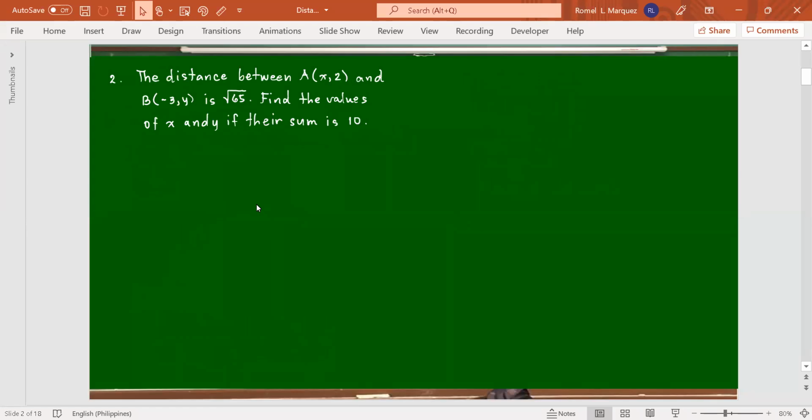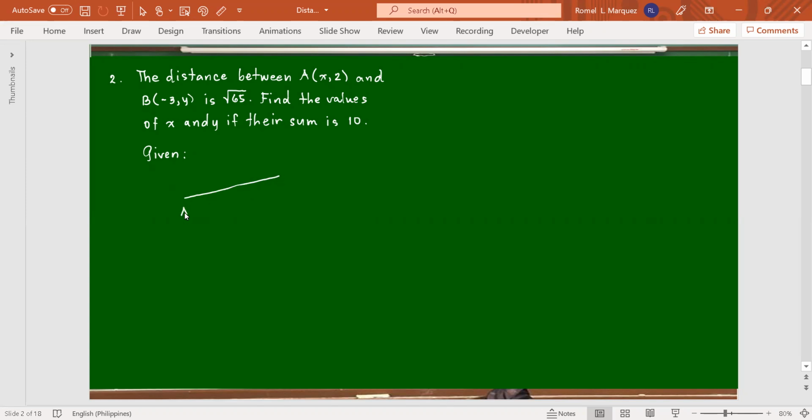The distance between A, whose coordinates are (x, 2), and B, whose coordinates are (-3, y), is square root of 65. Find the values of x and y if their sum is 10. Again, we can illustrate this problem arbitrarily. Let's say this is my segment AB.